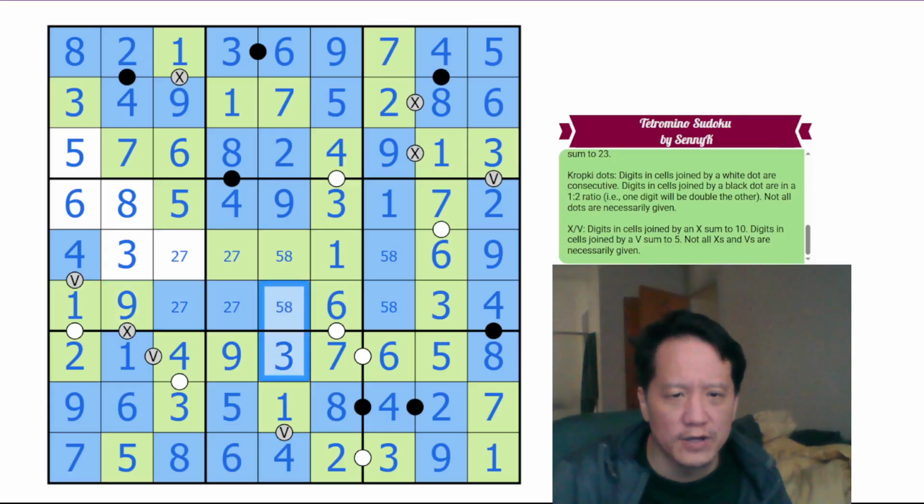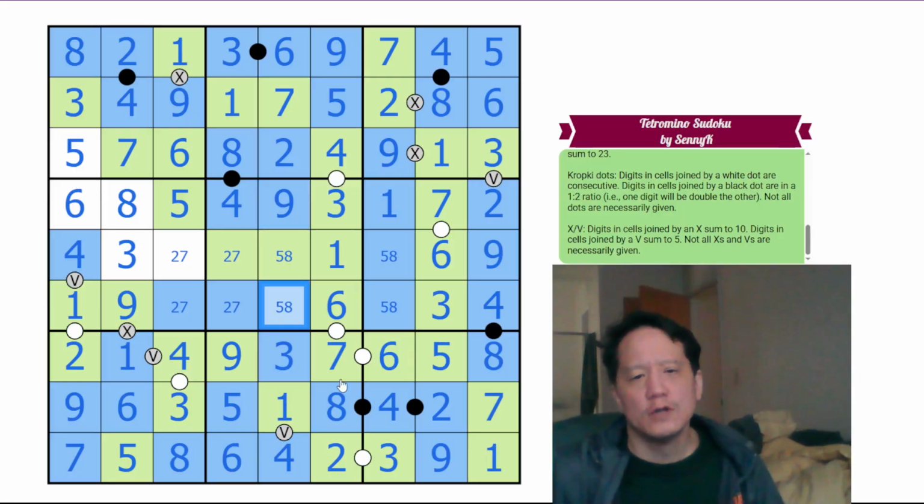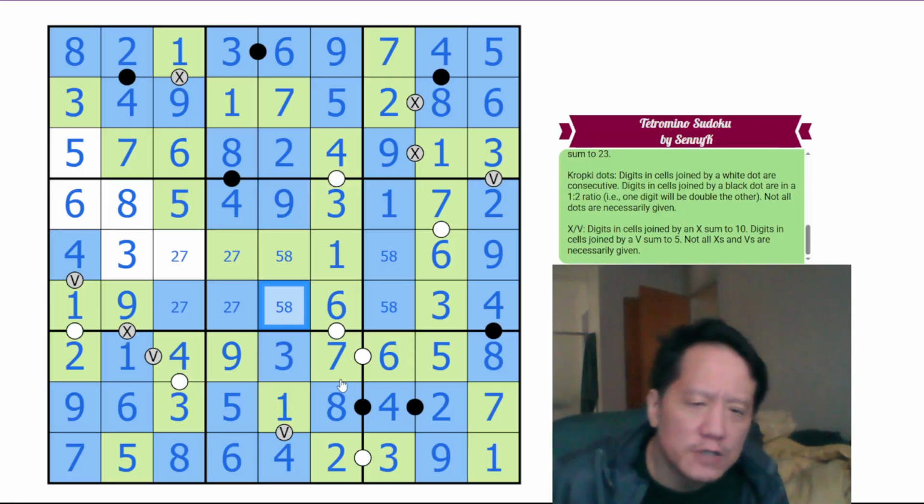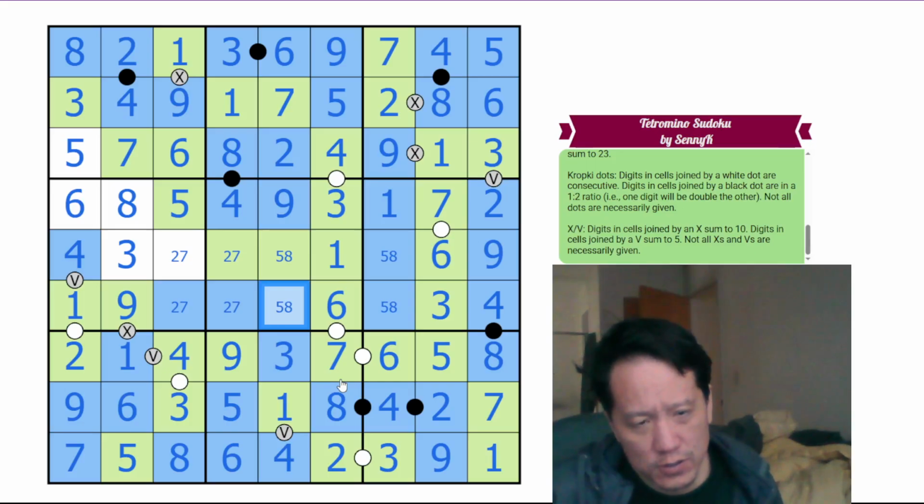So it has to go there, but that's too small. How does that work?